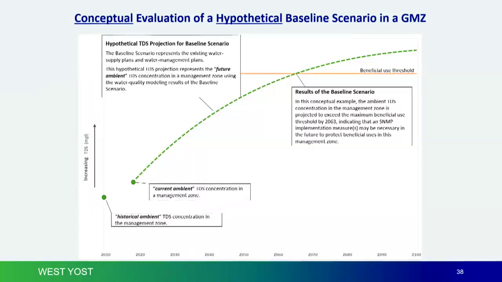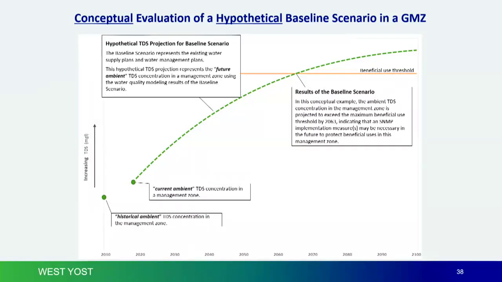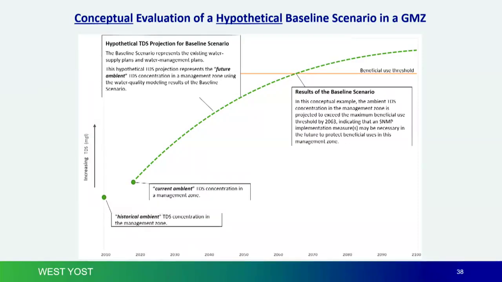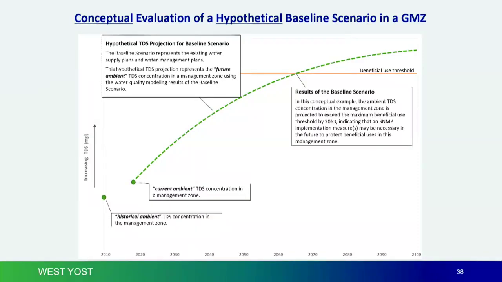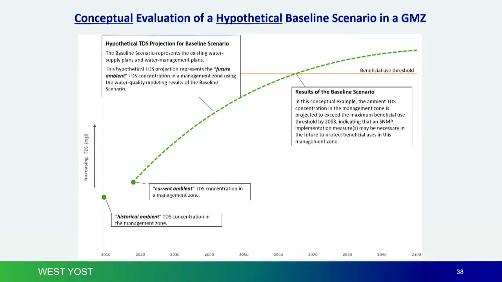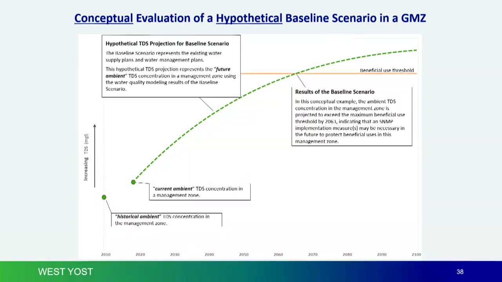These 2 green dots that you see on the left-hand side at 2010 and at 2019 represent those ambient water quality estimates that would have been generated by our method to compute ambient water quality based on measured data.